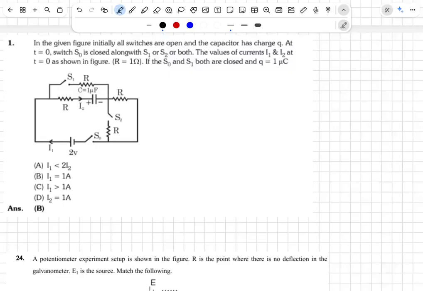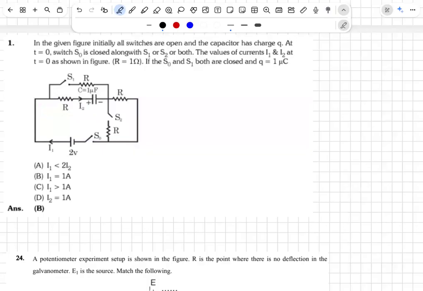In the given figure, initially all the switches are open and the capacitor has a charge Q. At t is equal to 0, switch S0 is closed. So what will happen? It follows the capacitor path, which means with S2, S1 closed, this is the only path available.